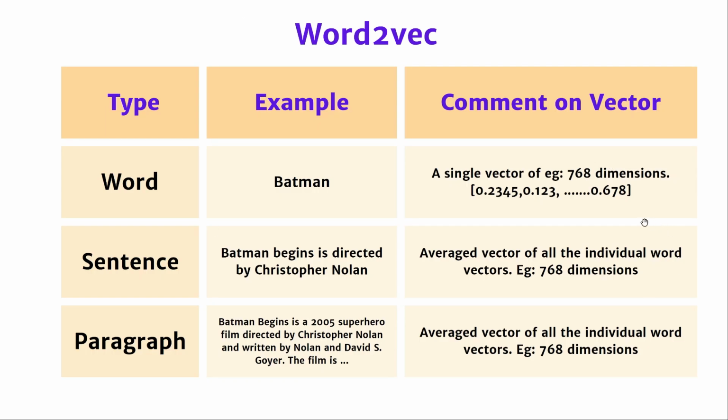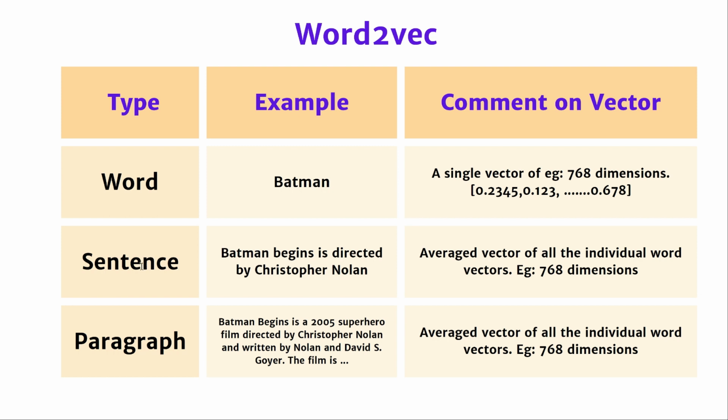Now coming back to our comparison of word versus sentence versus paragraph, any given word, for example Batman, will have a single vector of 768 dimensions. When I say a single vector, it's just one long list of 768 numbers, and those values are just float values like 0.1234, 0.768 and so on.